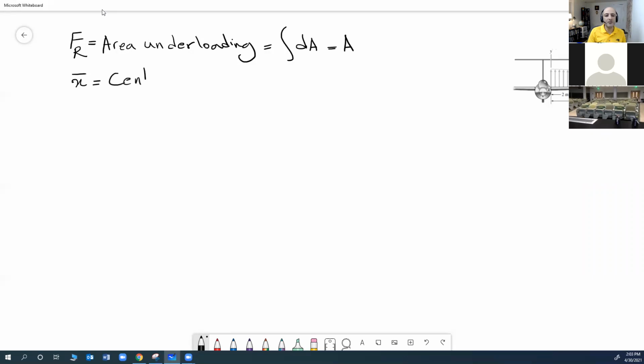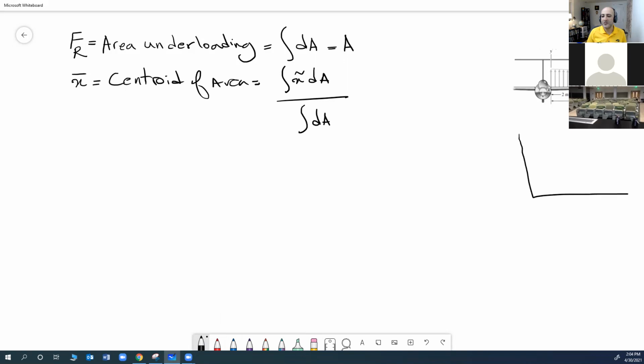This is just the centroid of the area, which is the integral of X tilde dA over the integral of dA. Okay. All right, so I have to find dA and I have to find X tilde.